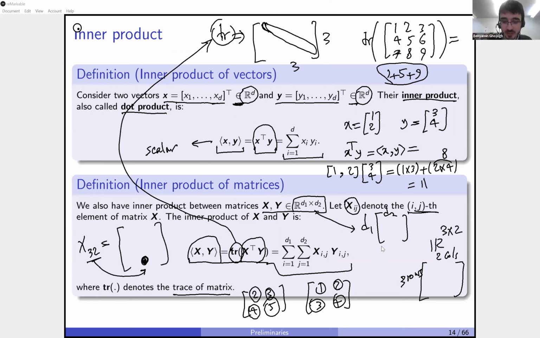The output of inner product is a scalar. So in inner product of matrices, we are using an extra operation, the trace, to convert the output to scalar, right? Yes. But by the way, this is the definition. You can calculate x transpose, multiply it by y, take the trace, or you can use this.